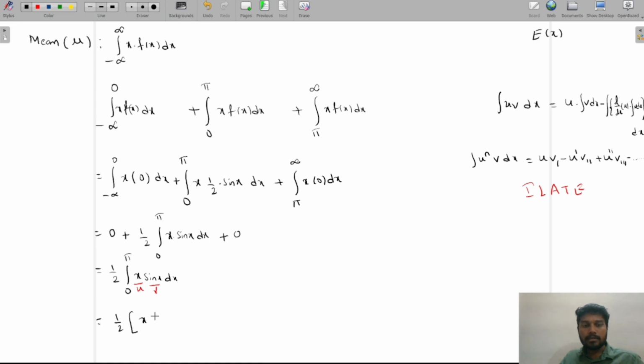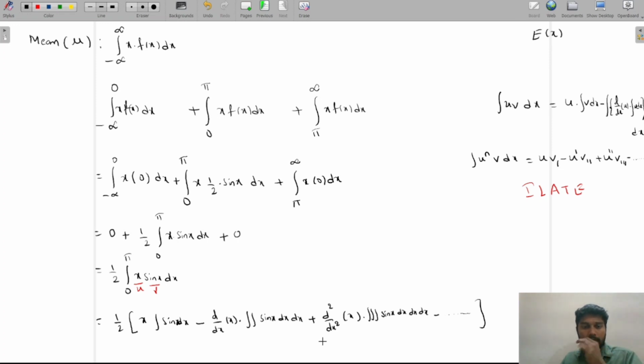U is kept constant, v is integrated once: integration of sin x dx, minus the one-time differentiation d by dx of x into the second integral of v, which is the double integral of sin x dx, plus the two-time differentiation d square by dx square of x into the third integral of sin x dx, minus and so on.